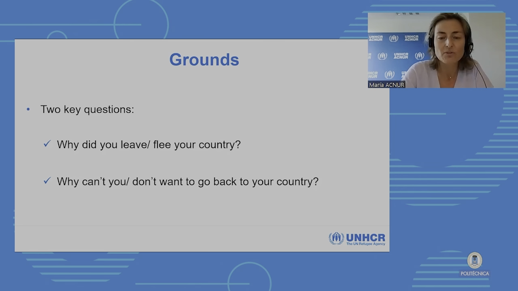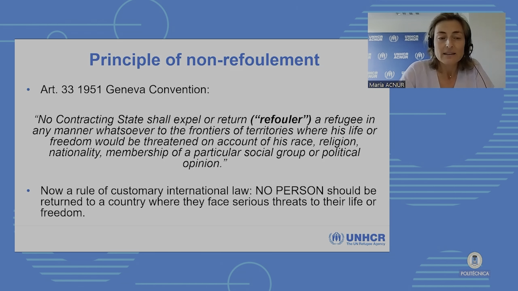This is the principle of non-refoulement. This is what Article 33 of the 1951 Geneva Convention says: no contracting state shall expel or return, refouler in French, a refugee in any manner whatsoever to the frontiers of territories where his life or freedom would be threatened on account of his race, religion, nationality, etc.